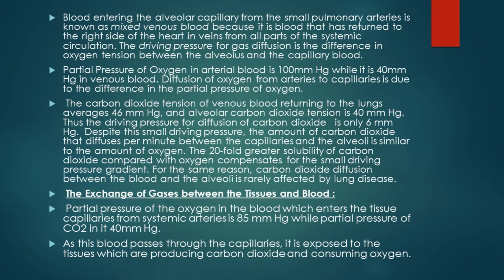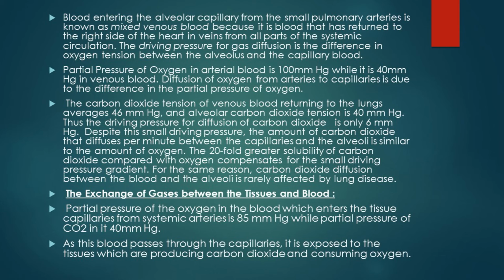As the carbon dioxide content of the tissues is greater than that of the blood, sorry, it is not alveolar blood, it is venous blood, carbon dioxide will diffuse from the tissues of the body to this venous blood, and the new partial pressure of carbon dioxide in the blood is now 46 millimeters of mercury.